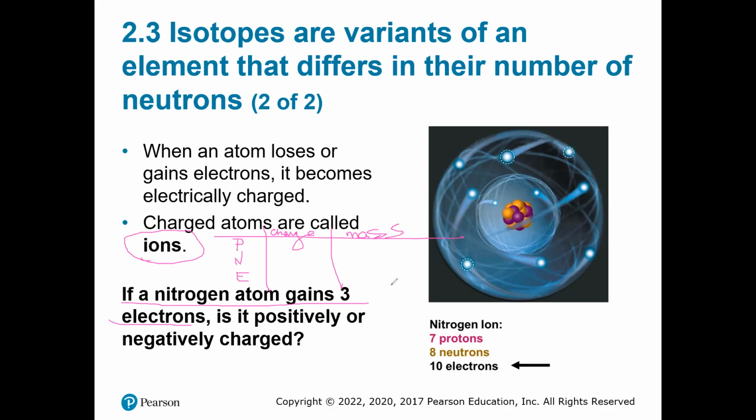Okay, so this little chart is like your cheat sheet for this. Protons are positively charged. Neutrons are neutral, so they don't have a charge. I'm ignoring my phone, right? And electrons are negatively charged. So you have positive, neutral, and negative.